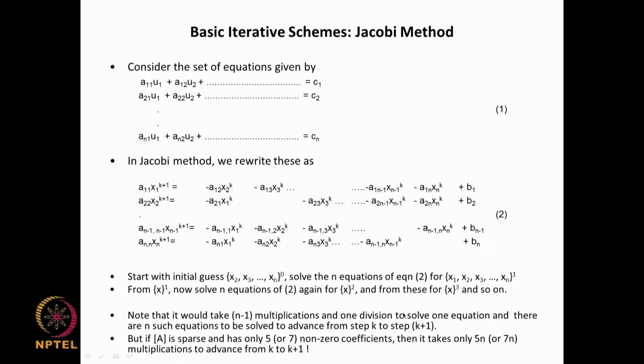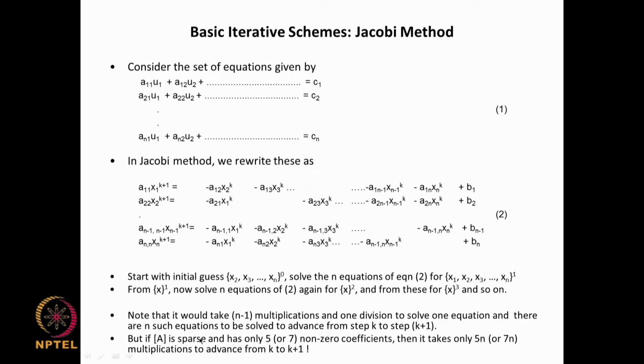Okay. This is in the general case, and n square does not seem to be such a good thing. But if A is sparse, which is what we have in CFD generated compact grid discretizations, and has only 5 non-zero coefficients for a 2D problem, or 7 non-zero coefficients in a 3D problem, for example with central differencing, then what we have is that in each of these equations only there are 7 non-zero coefficients.